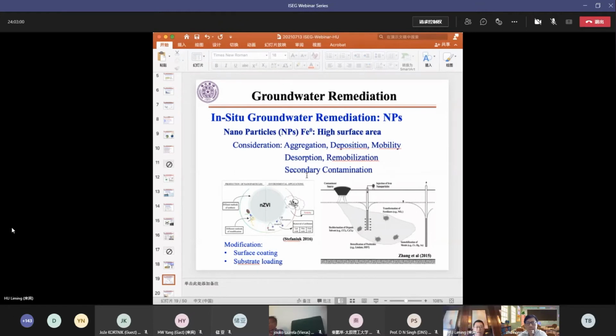And actually, it can possibly be a kind of secondary contamination. We did some research on this. When the nanoparticles absorbed some ions, they were charged, and the mobility of the nanoparticles was very much increased, and they can move with groundwater very fast. So that's a concern.